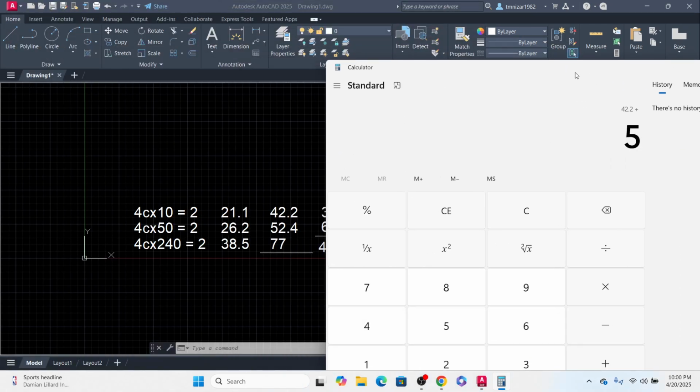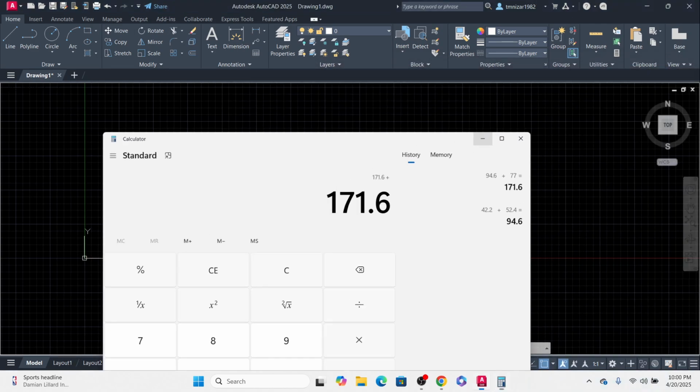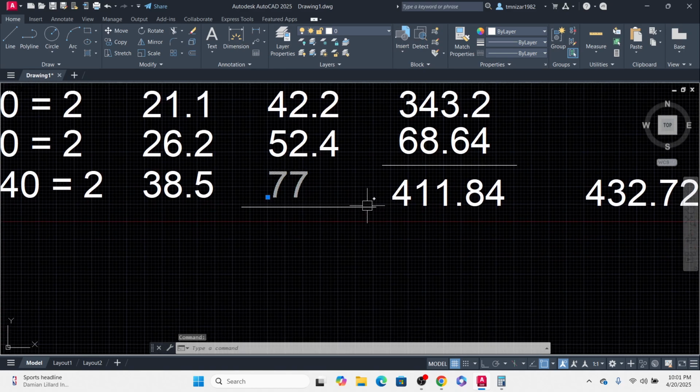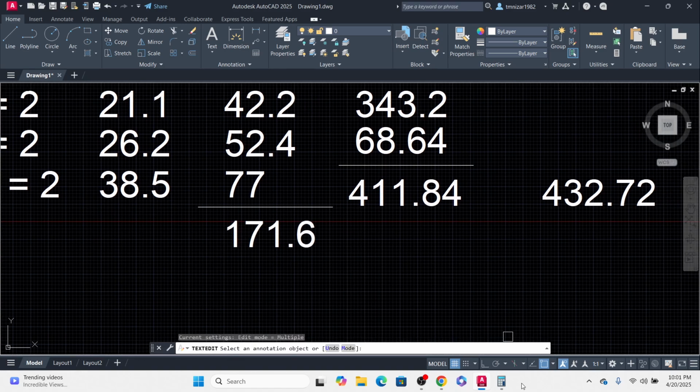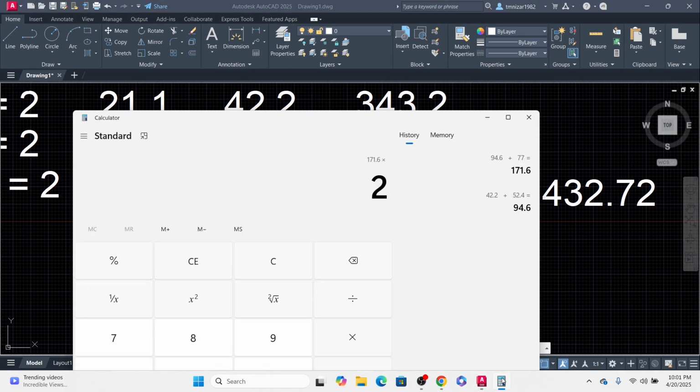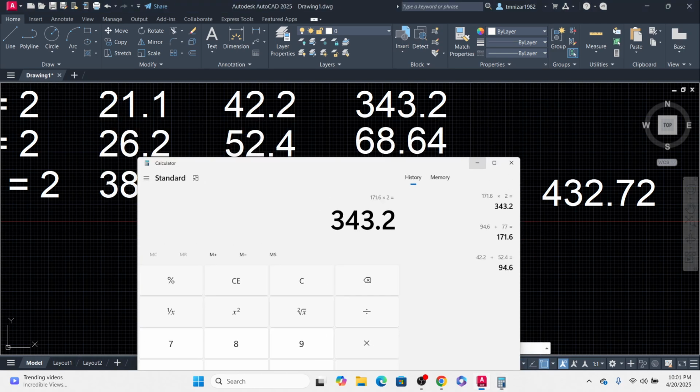42.2 plus 52.4 plus 77, that is 171.6. Into 2, that is 343.